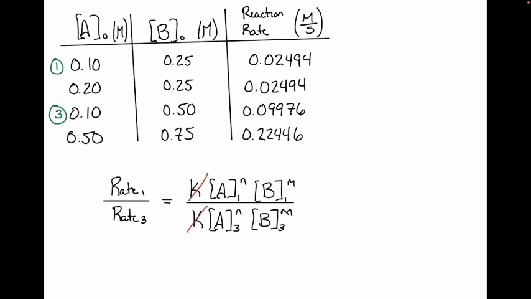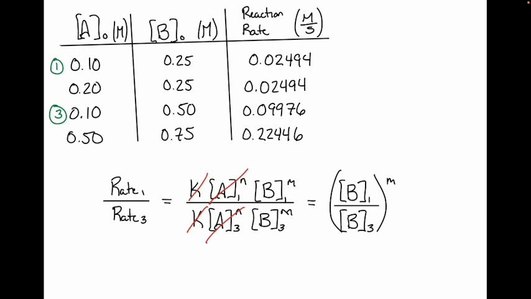When I take the ratio, K will cancel out like it always does. But this will also allow me to cancel out A's concentration since A is the same at data point 1 and 3. So what I'm left with is just the ratio of the concentration of B at data points 1 and 3 raised to that order with respect to B, power of n.